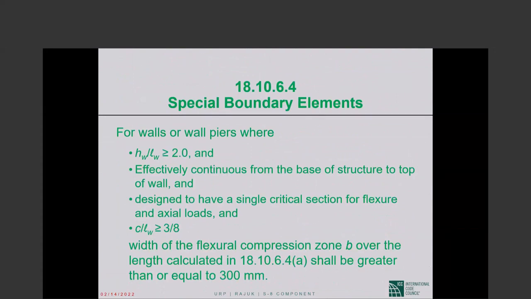And then it says additionally, the rest of it repeats the requirements for the displacement-based approach. But if the neutral axis depth is larger than or equal to 3/8 of L sub W, that would indicate that your shear wall is not necessarily tension controlled.